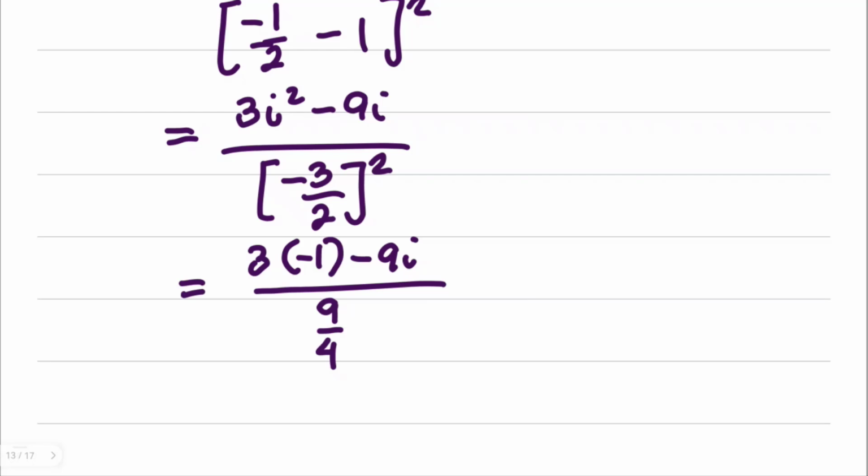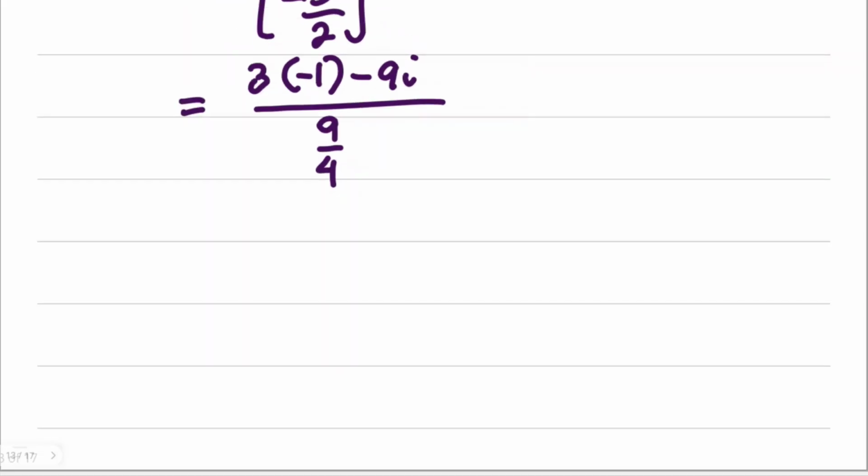We'll use the keep, change, flip method because your denominator is a fraction in the form of 9/4. Our numerator would be -3 minus 9i, and this would be multiplied by 4 over 9.